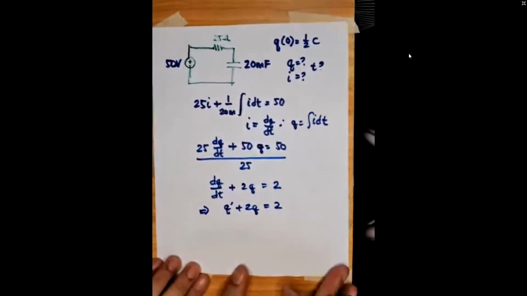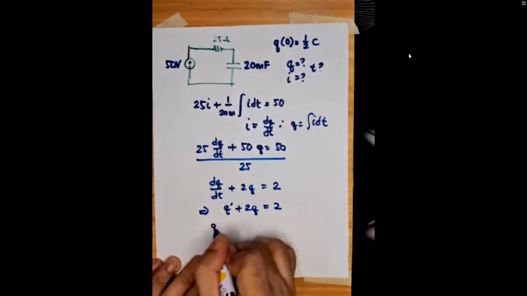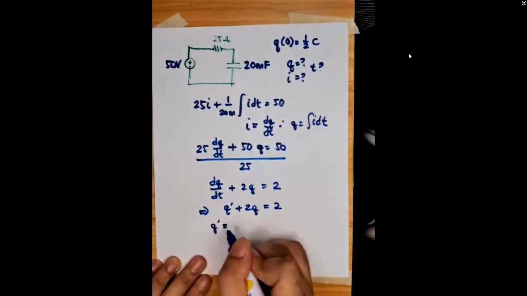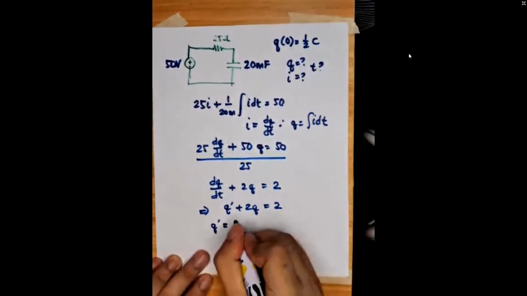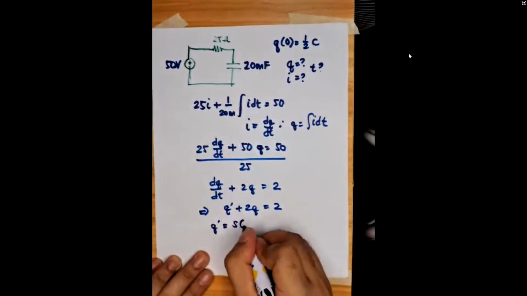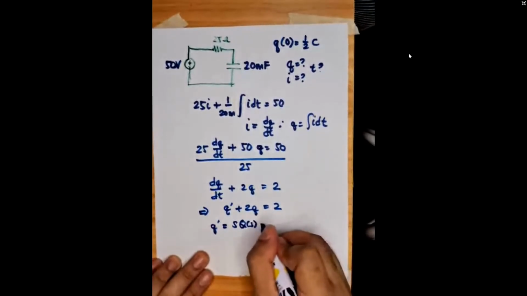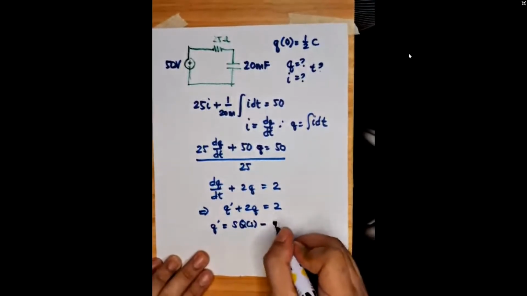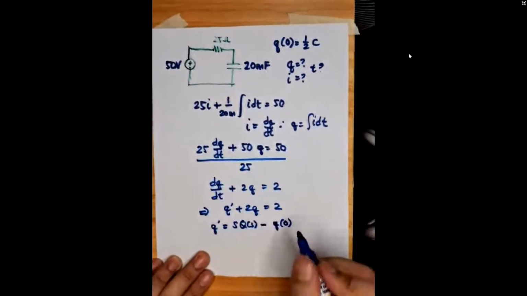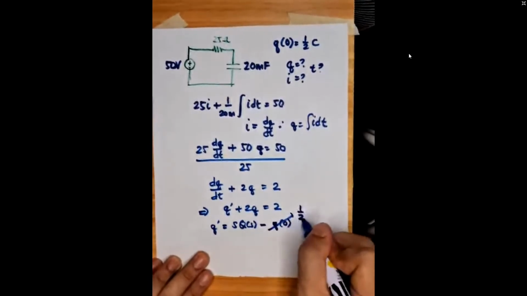Okay, so let's perform yung Laplace transform. So what's q prime? So q prime is equal to s times q of s minus q of 0. But q of 0 is 1/2.